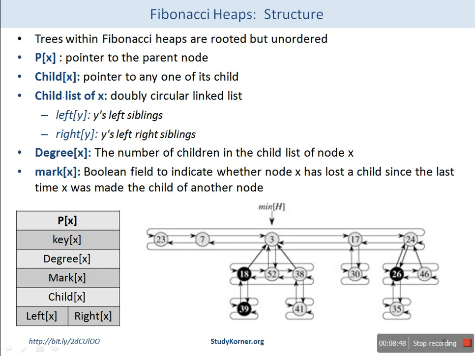A tree within a Fibonacci heap is rooted and min-heap ordered, and the degree order is not maintained. By this I mean that in a binomial heap the trees are ordered by their degree.